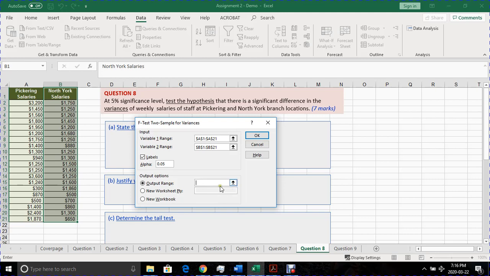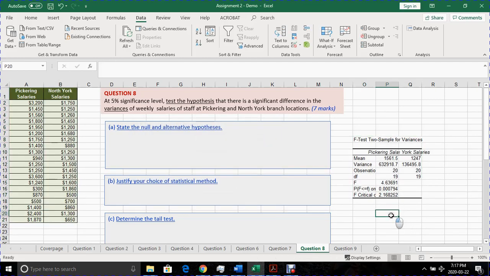As the cursor blinks in the output box, what we need to do is just look for a blank spot and select that location, and Excel is going to display the results right there. Click OK, and this is the results.